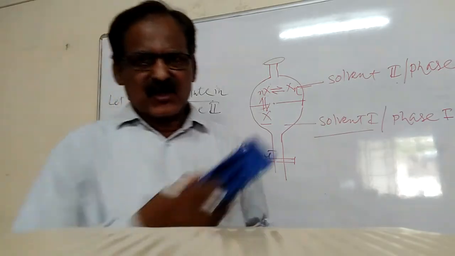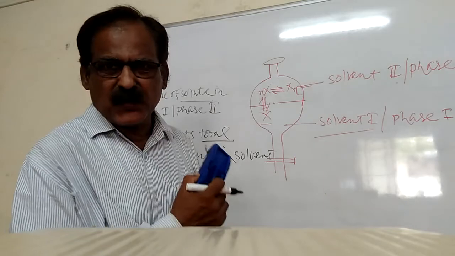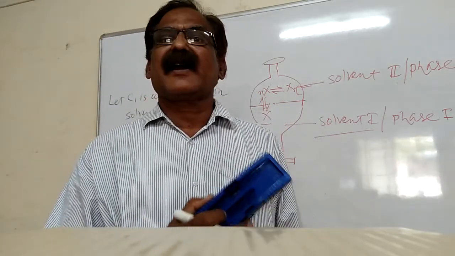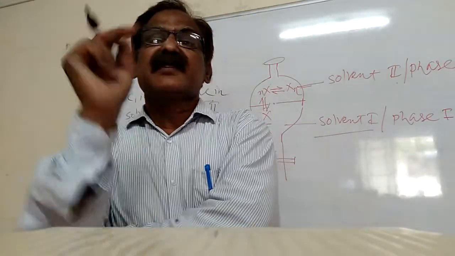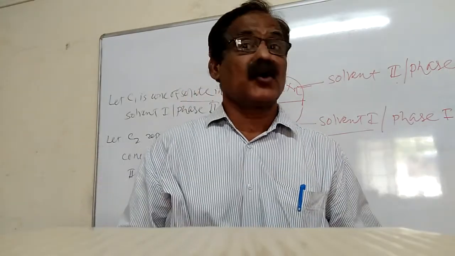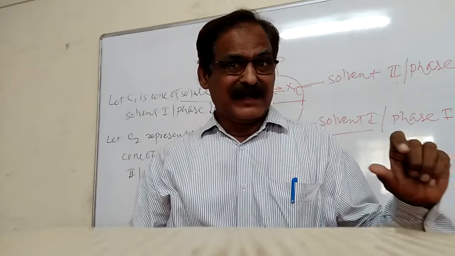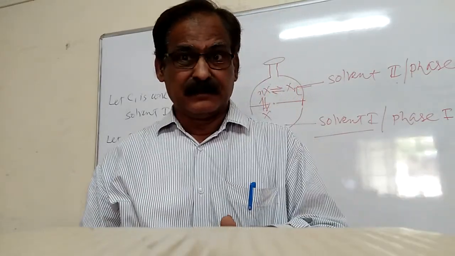Once we understood this, what is C1 and what is C2? Let me repeat it once again, because it is very important to understand. C1 represents the concentration of solute in solvent 1, where the solute remains in normal state.